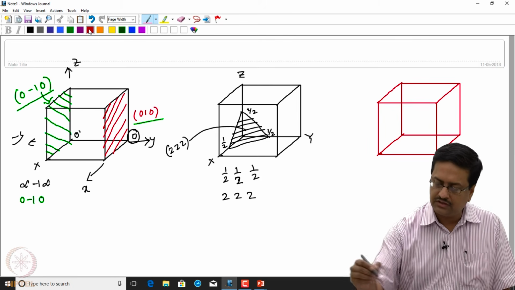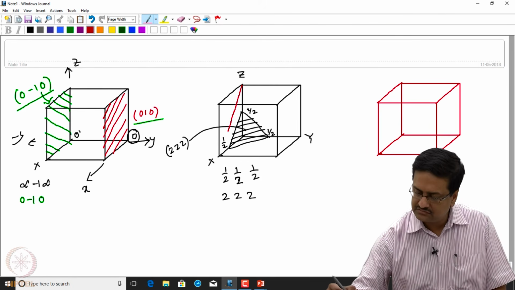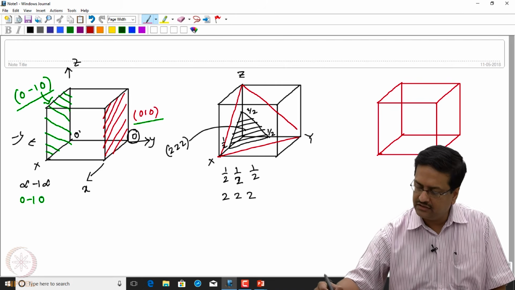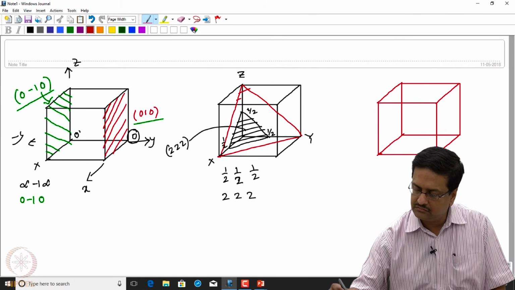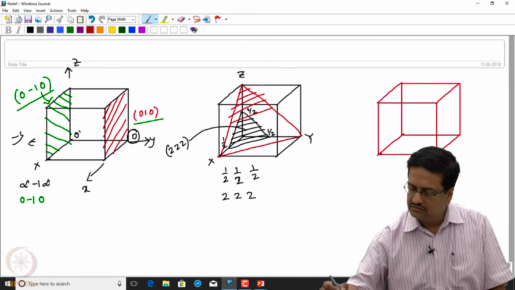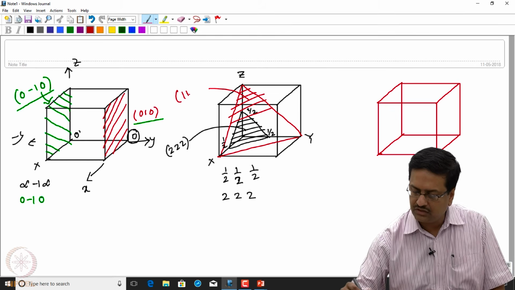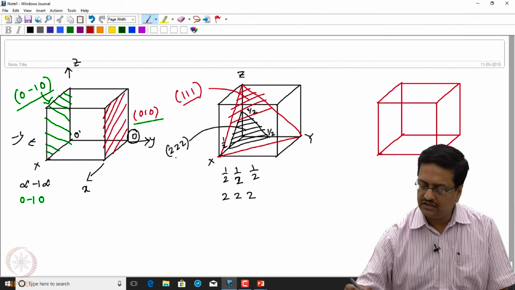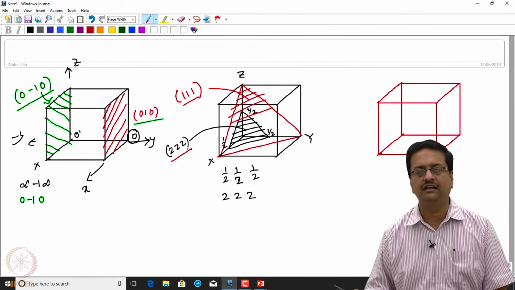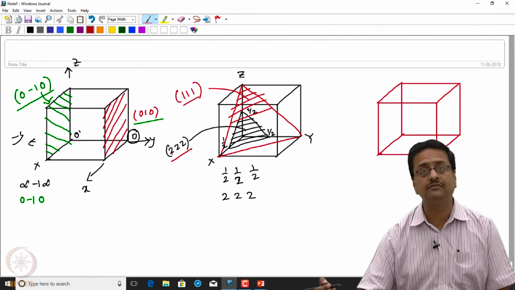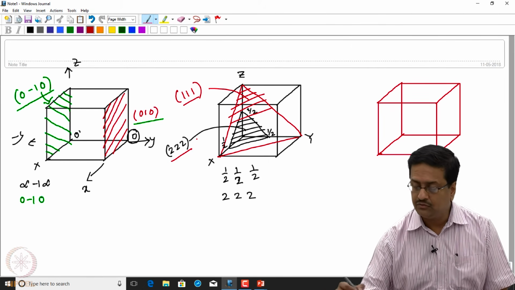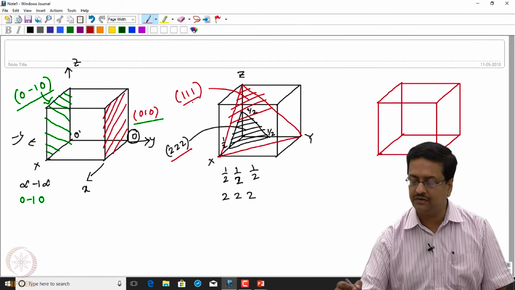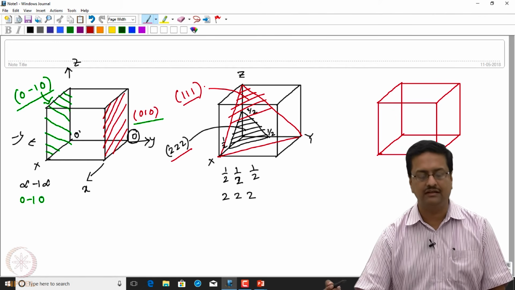Now if you remember, the plane which was like this, connecting the three corners, that plane we designated as 1, 1, 1. You see now the 1, 1, 1 and 2, 2, 2 are a set of parallel planes but they are different. The plane 2, 2, 2 covers a smaller area inside the unit cell compared to the area covered by the 1, 1, 1 plane.